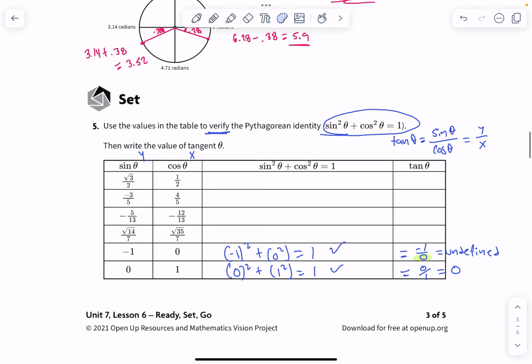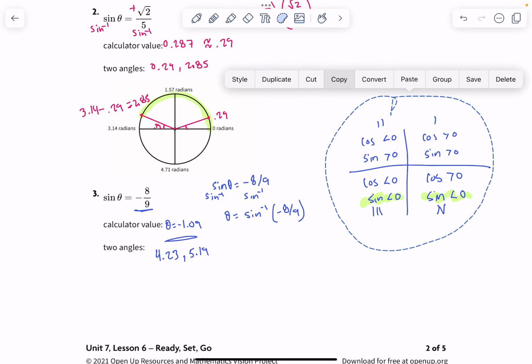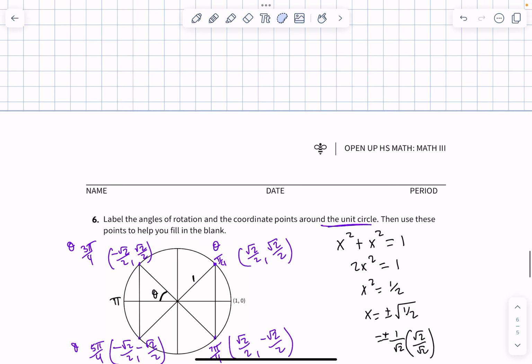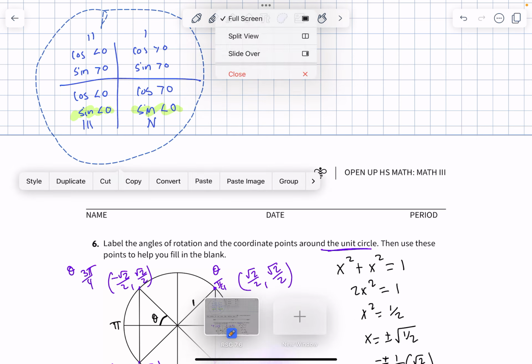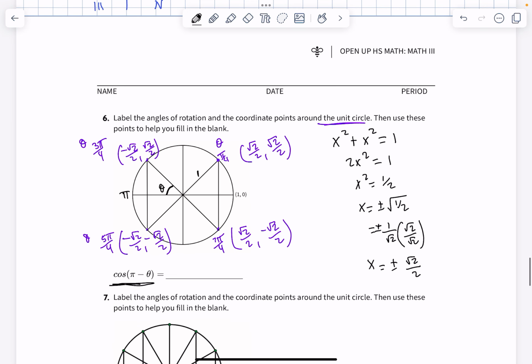Let's bring this graph, this chart. So here we're talking about cosine. So cosine in quadrant 2 is negative, right? So let's think about this.